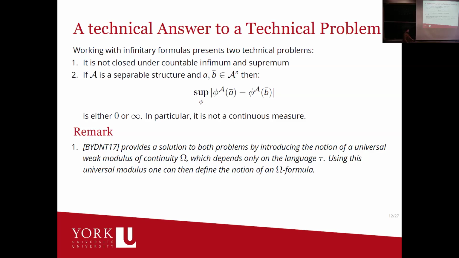So essentially the idea that Ben Yaacov et al. come up with is I'm going to put a different speed limit for formulas of different arity. So this is what this weak modulus of continuity is.